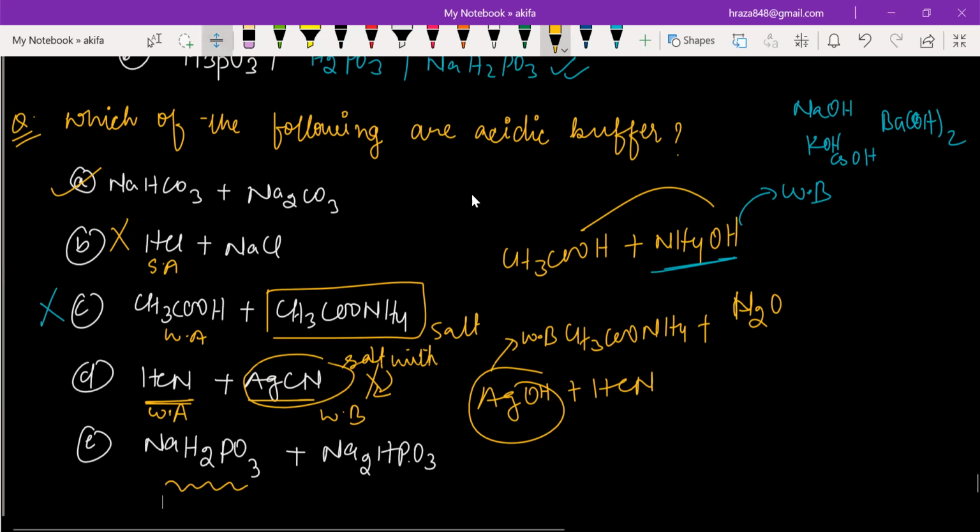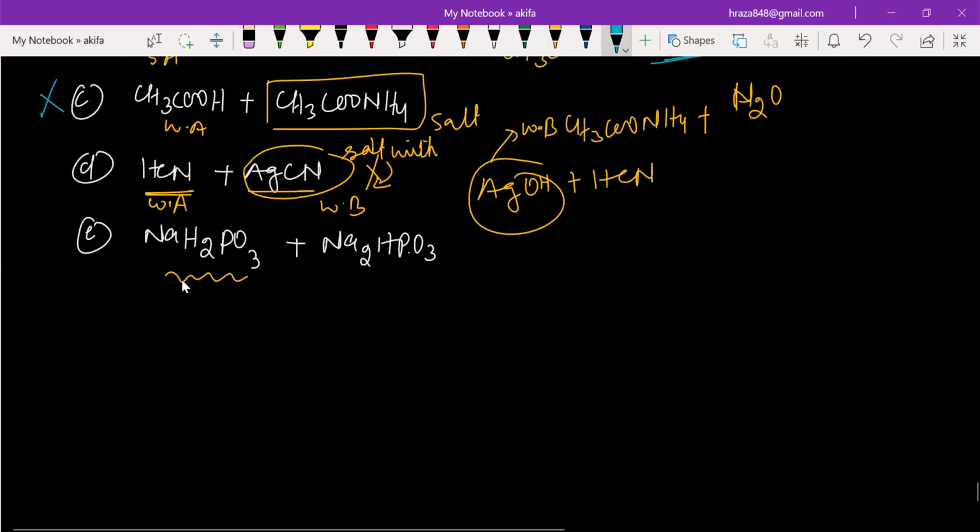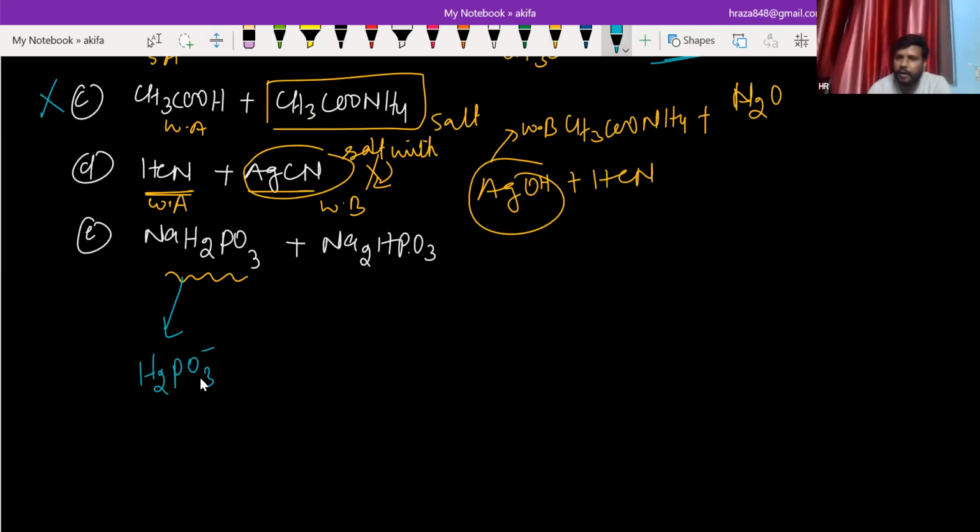Just see, NaH2PO3 I can convert into H2PO3 negative, and you can also convert it into HPO3 minus 2. Can I say this is a weak acid because it will be converted into this? That means this will be giving H plus. That's why it is a weak acid.